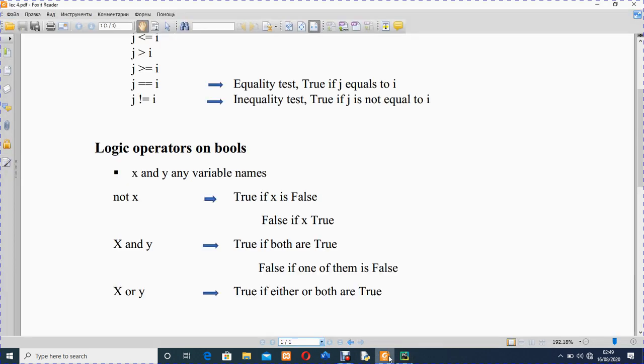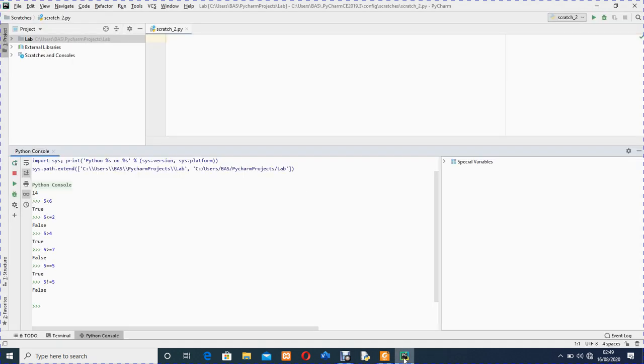Let me check the other condition on logic operators on board. We have not, we have and also or. Let me try it and see.